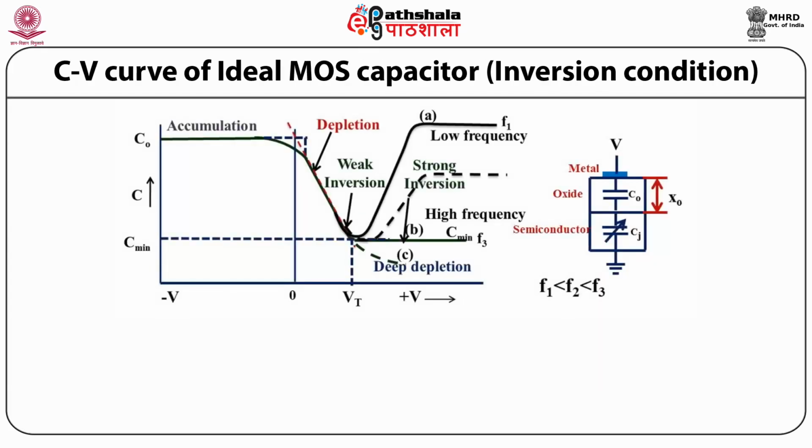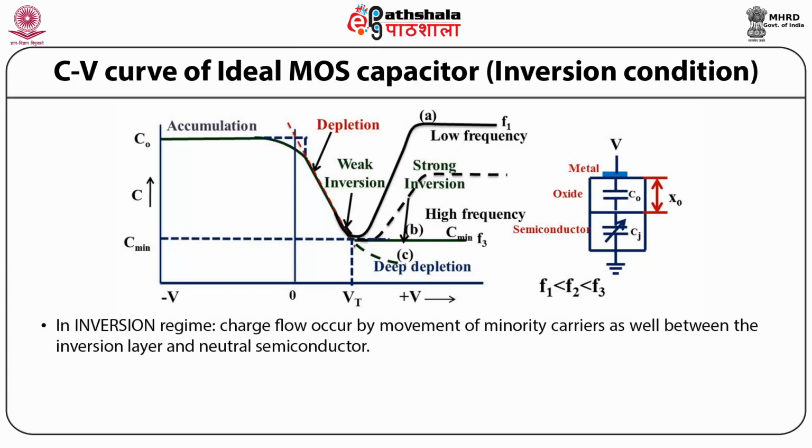Now let us discuss the CV curve of an ideal MOS capacitor for the inversion condition. As you can see, students, in the inversion regime it is frequency dependent. In the inversion regime, charge flow in response to the applied signal may also occur by the movement of minority carriers between the inversion layer and the neutral semiconductor.